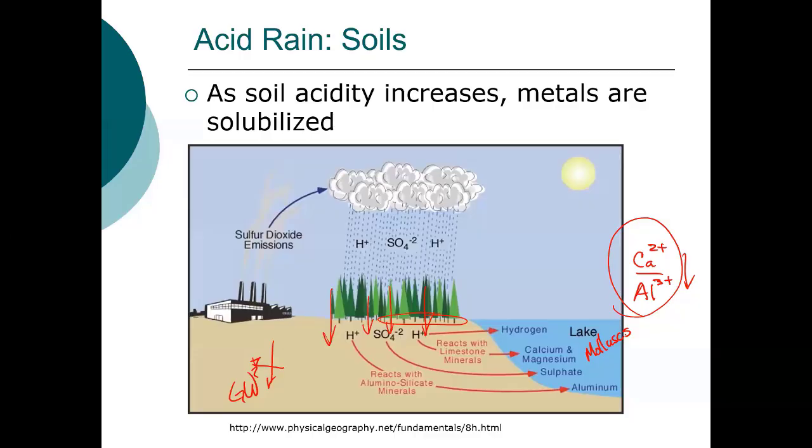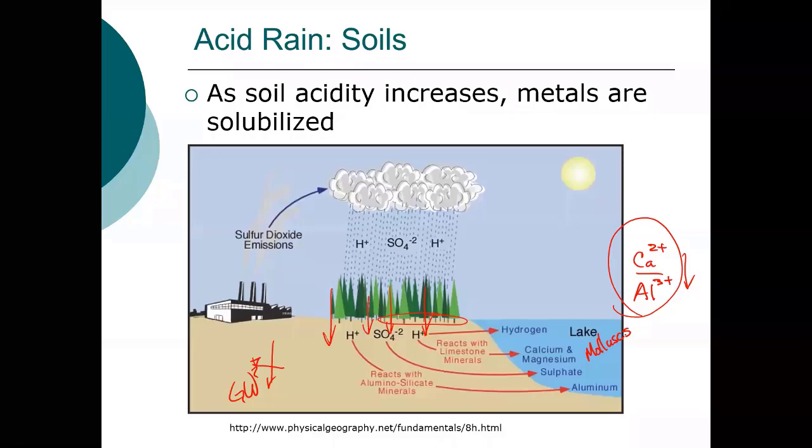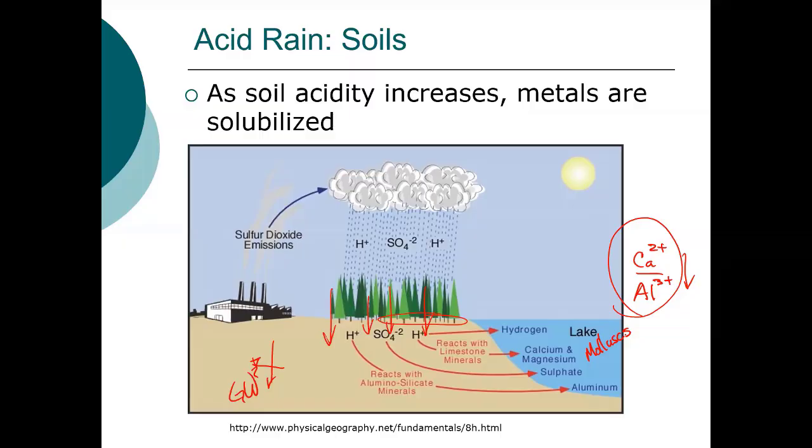The other issue is, for instance, if biosolids are applied as a fertilizer, those biosolids, if they contain metals, those metals can also be solubilized and then released to the groundwater or the surface water. Any questions so far about these impacts of acid rain?